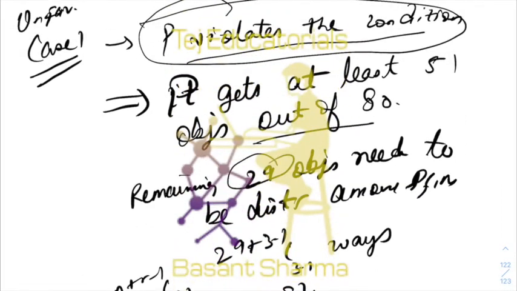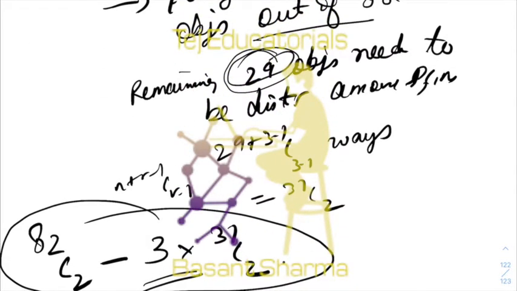You get my point? See, if something like this were to happen, that when P is violating the condition, and suppose while distributing 29 objects, chemistry or maths also started violating the condition, then there would be overlapping, because when chemistry was violating the condition, then physics and maths would start violating also, and all those cases. So you would have to subtract and add something, you would have to do some more work.